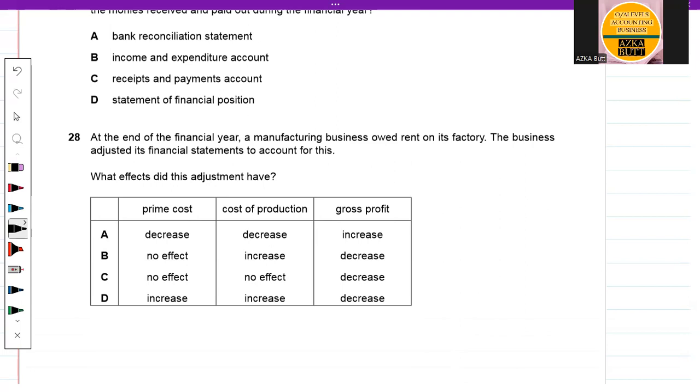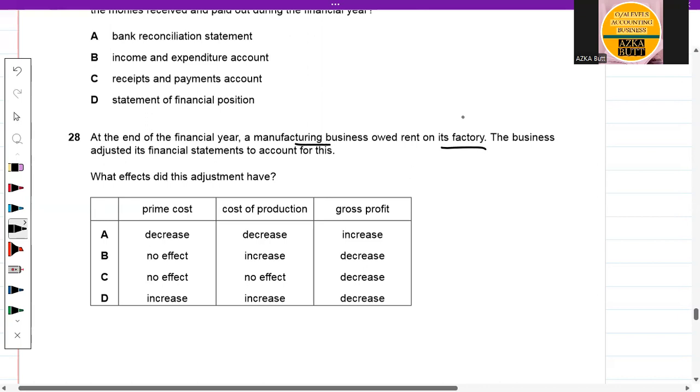So at the end of the financial year, a manufacturing business owed rent on its factory.